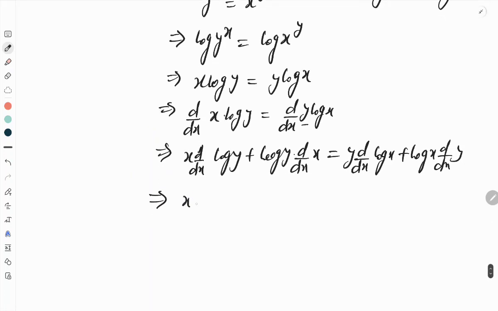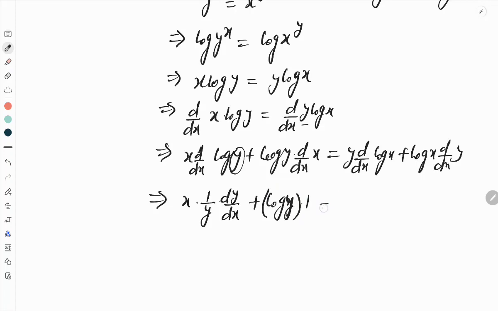So this is x, and the derivative of log y, treat it like x, so 1 upon x, but it is not x, it is y, so 1 upon y, and again the derivative of that one, dy by dx, plus log y, derivative of x is 1, so nothing is going to change.